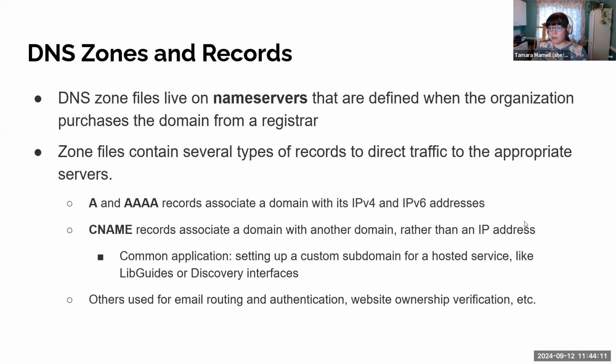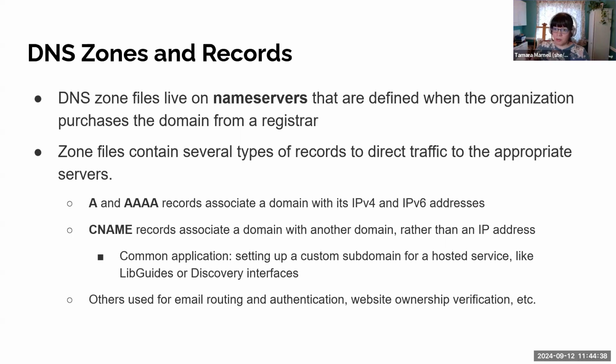So zones and records. The zone is just a file that defines all of these domains, and it lives on a name server. So when somebody purchases a domain from a vendor, such as Hover, which we have at Orbis Cascade, they will tell that vendor that this domain needs to go to these name servers. Our name servers are on AWS.